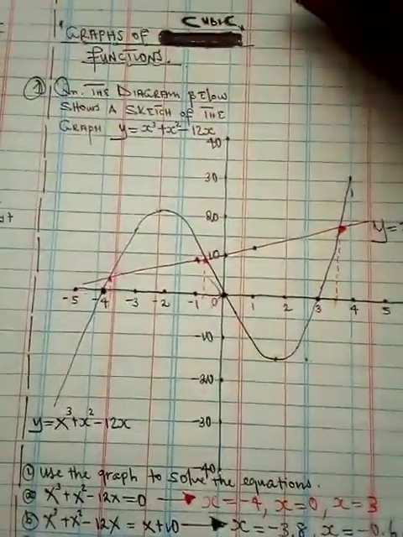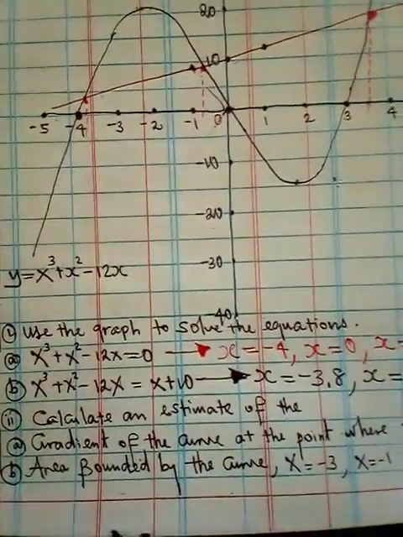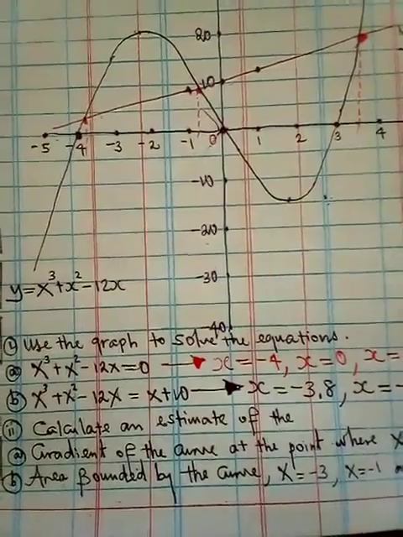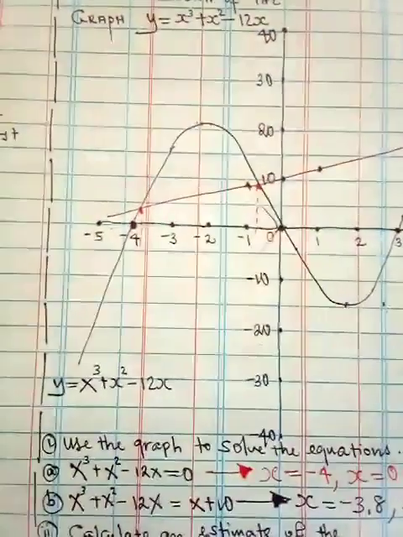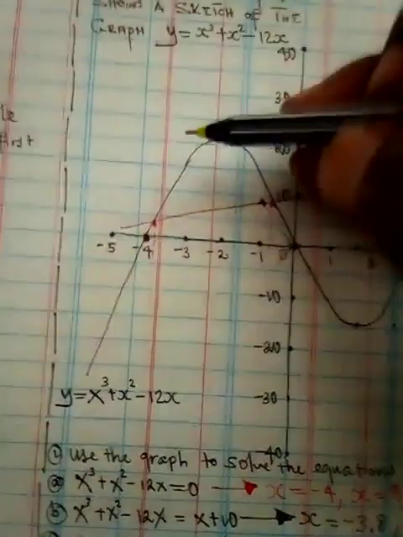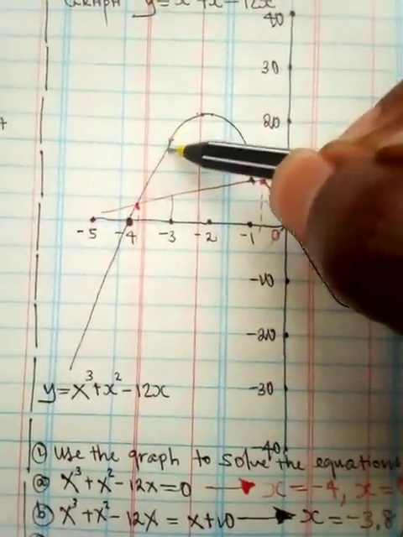Let us work this out very carefully. They've said the area bounded by the curve, x is equal to -3. So I can encourage you to do this. x is equal to -3 is like this.